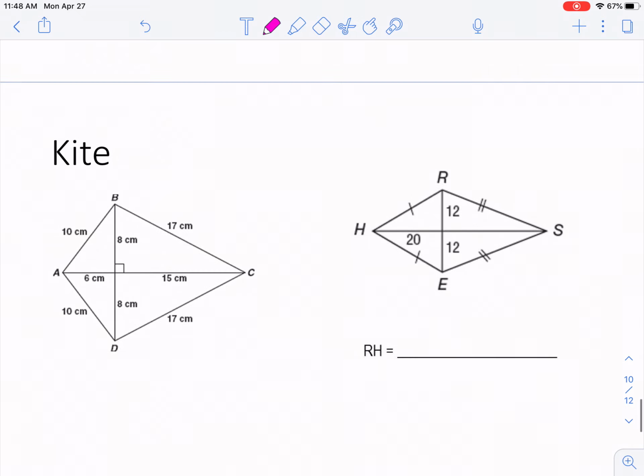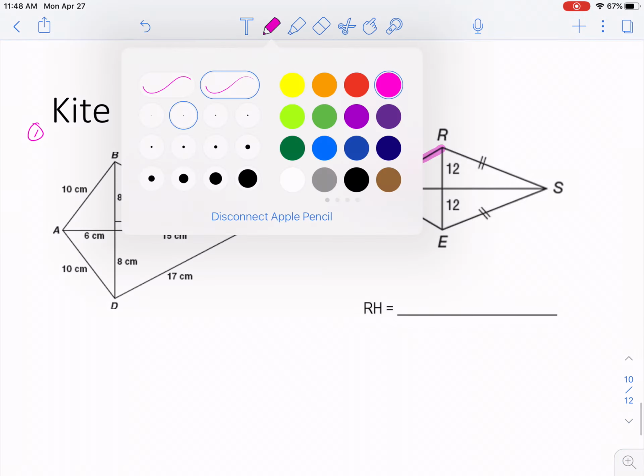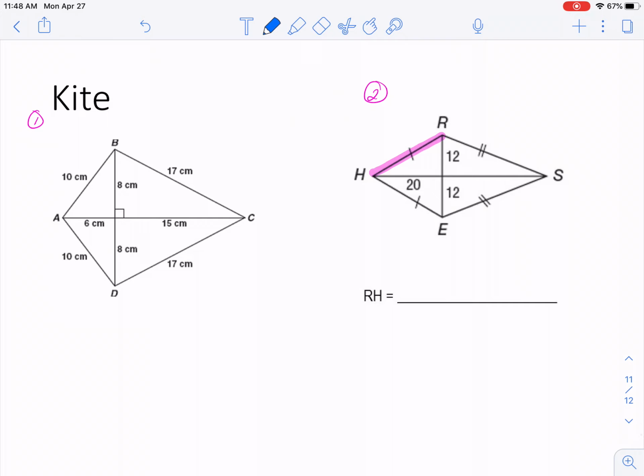Okay? So, let's take a look. I'm actually going to start with problem 2 first, and then we'll go to problem 1. But if I look at problem 2 and I ask you to find the length RH, you're going to tell me, hey, I know that. That is nothing more than, yep, you're right, the hypotenuse of a right triangle. Specifically, 12 squared plus 20 squared is equal to RH squared. 12 squared is 144. 20 squared is 400.